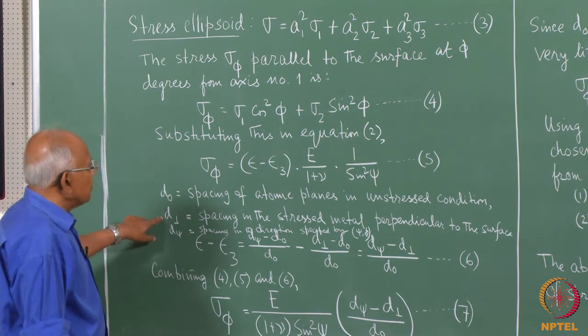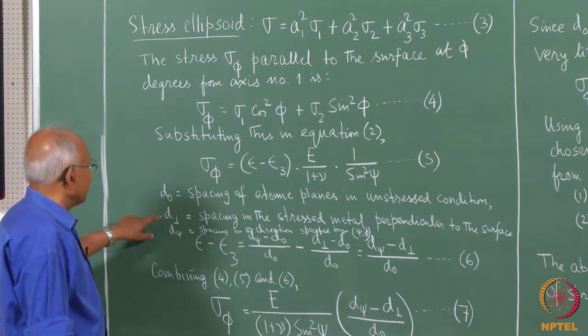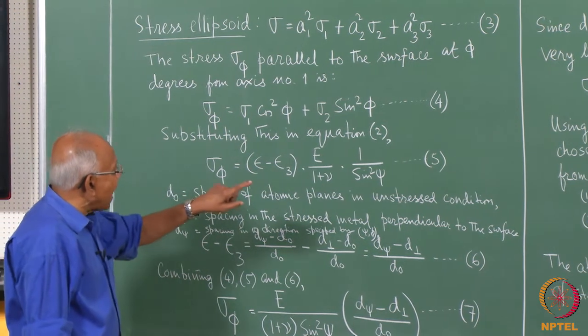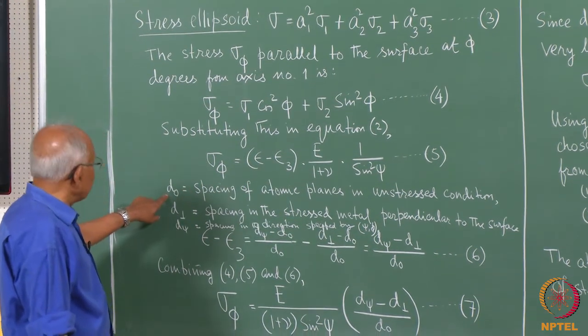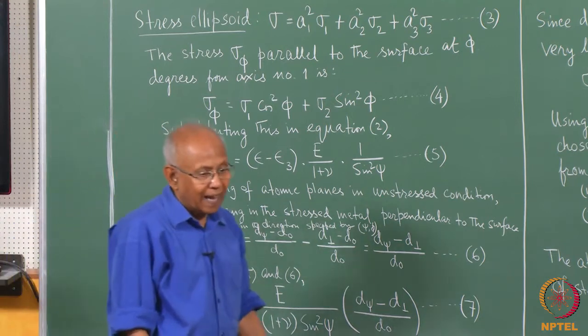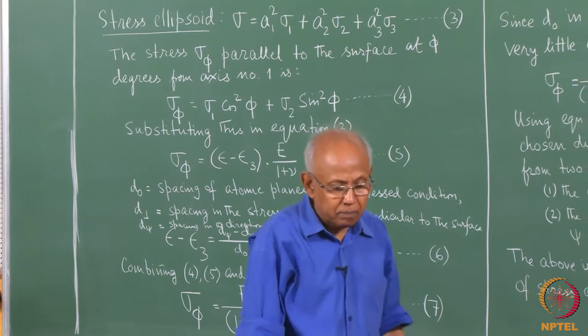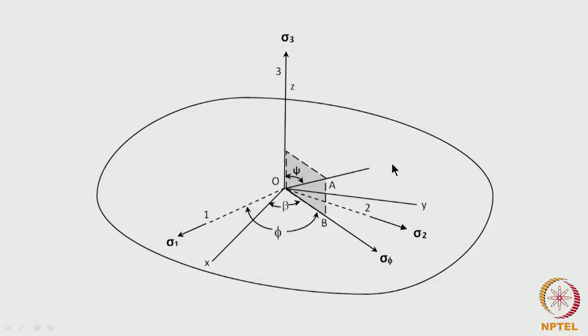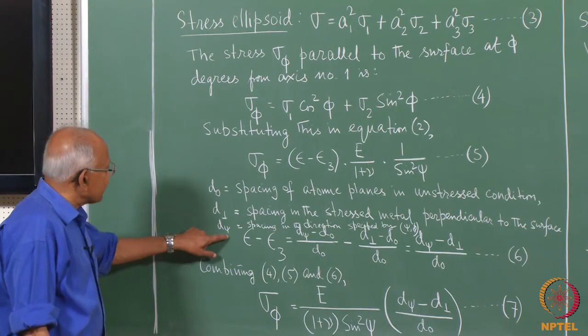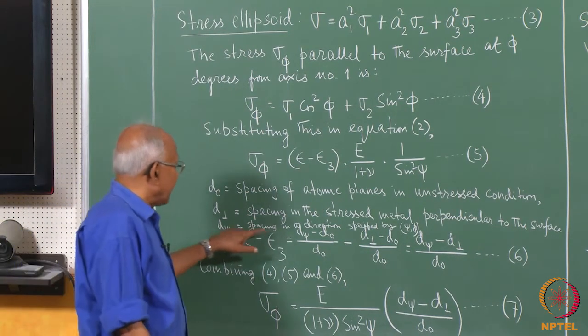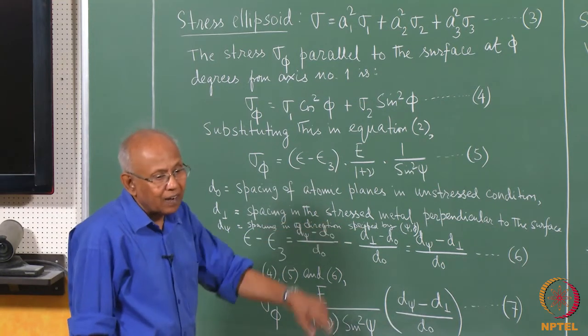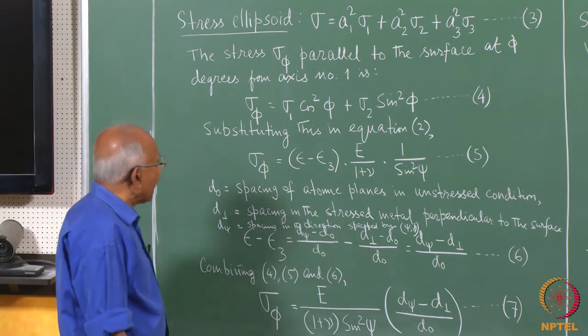Now, if we do the same thing in the material when it is in the unstressed condition, then it will be d0, and if again we allow the X-ray beam to be incident on the surface in this direction as shown over here, then that will give us the value of d psi, the spacing of the atomic planes in that particular direction specified by psi and phi.